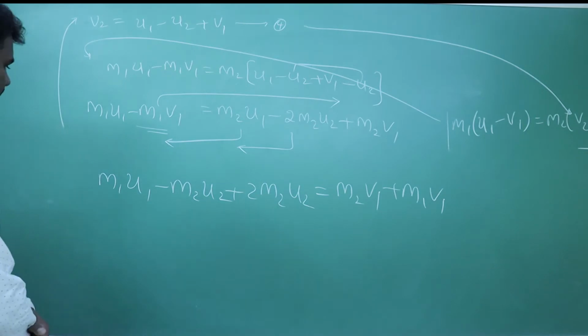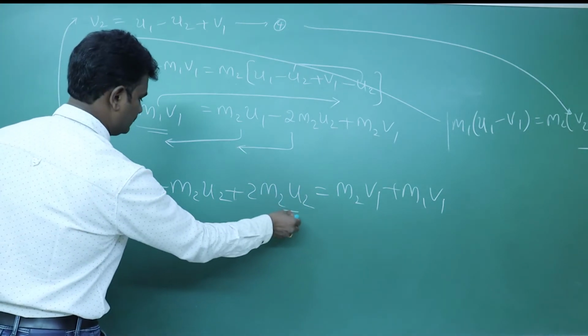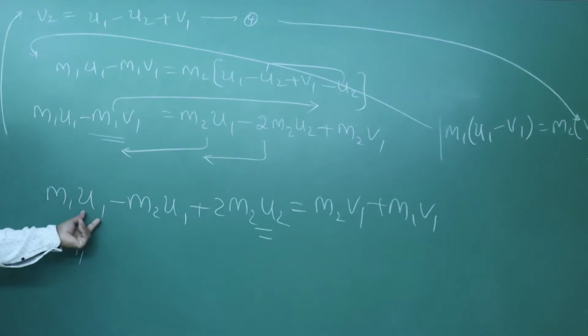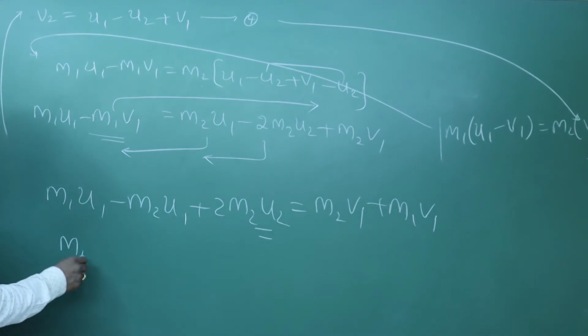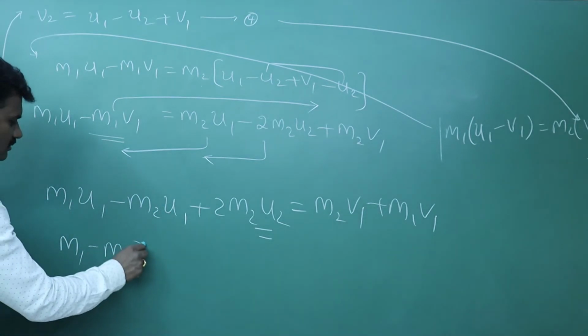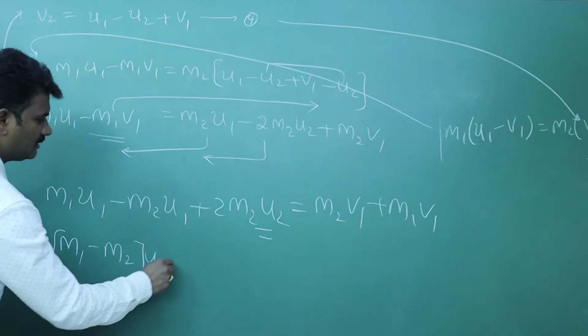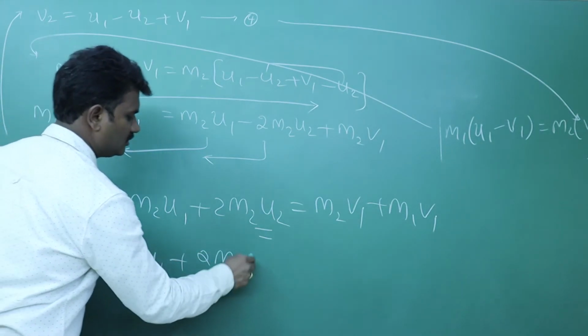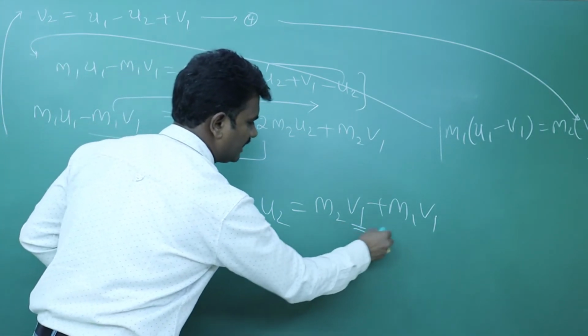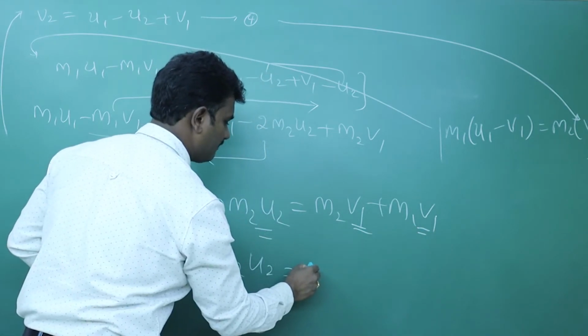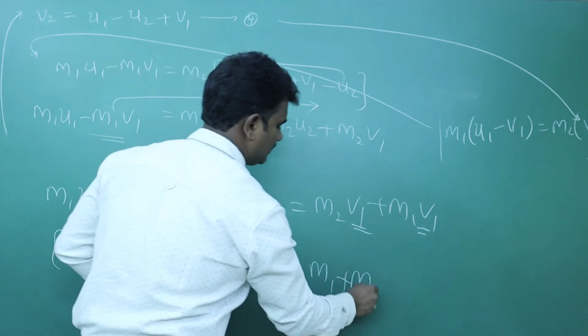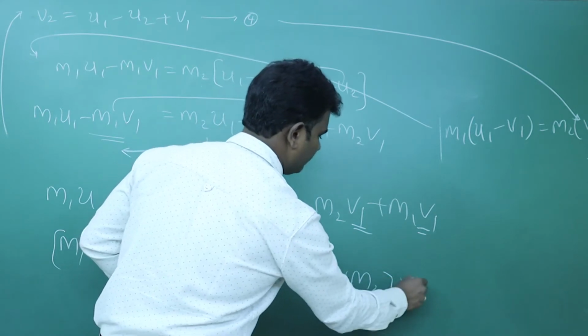Now is anything there? Yes. Upon taking u1 as common, this is m1 minus m2 into u1 plus 2 m2 u2 is equal to, upon taking v1 as common, m1 plus m2 into v1.